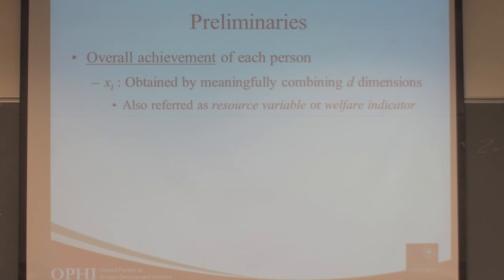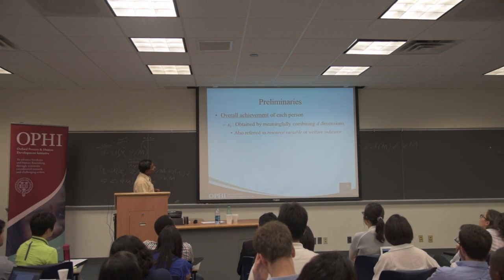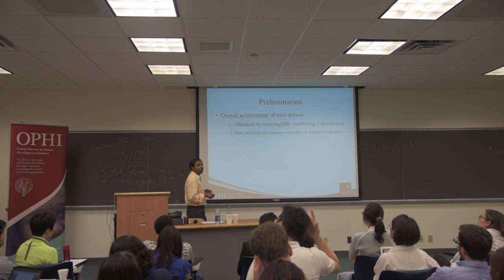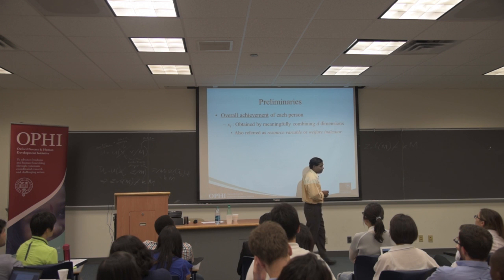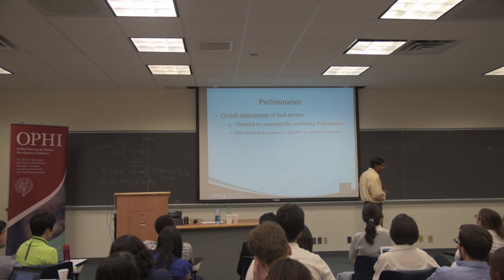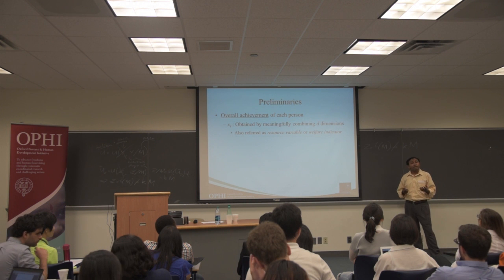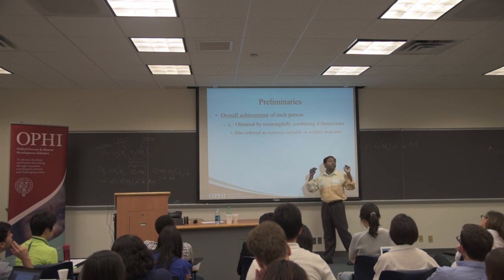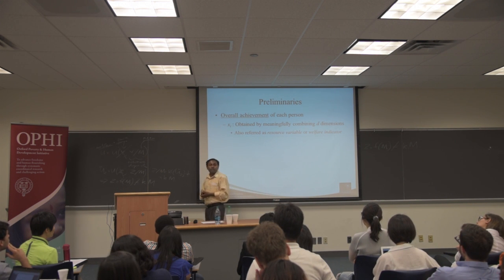How do we aggregate them? Let's suppose we denote the aggregate by small x of i, which is obtained by meaningfully combining the d dimensions. What do we mean by meaningfully combine? As Martin was saying, and probably James will argue again tomorrow, in the consumption poverty world, as long as you have the price bundle and you assume they are the right kind of commodity prices, yes, you can always aggregate the commodities up.